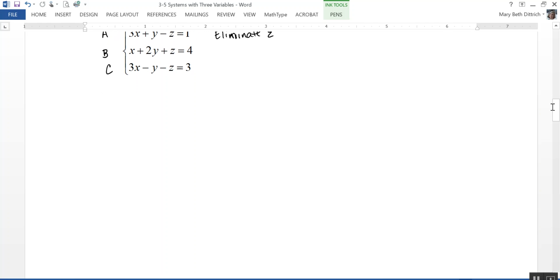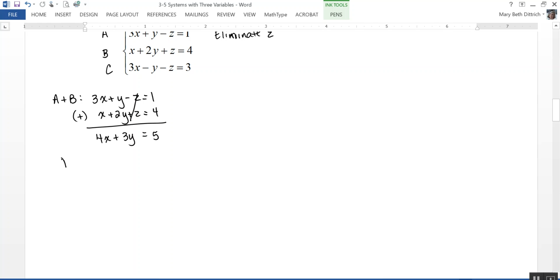Okay, so I'm going to do A plus B, and I'll put B right underneath A. Just as I did with two variables, I'm going to add these two equations, and I get 4x plus 3y, notice my z's get eliminated, equals 5. I'm going to call that equation D.